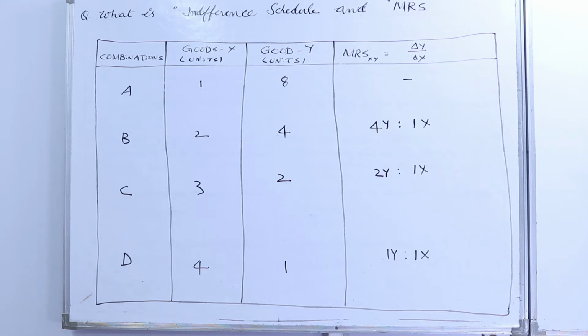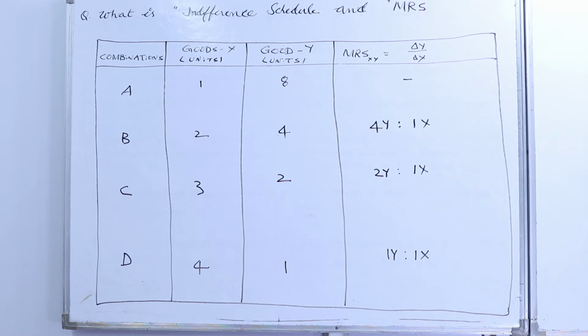All these combinations give equal level of satisfaction to the consumer. Whether you have more of good X or more of good Y, they're all giving you the same level of satisfaction. That's why the consumer is indifferent. He's not able to decide whether to have A, B, C or D. That's why it's called an indifference schedule.